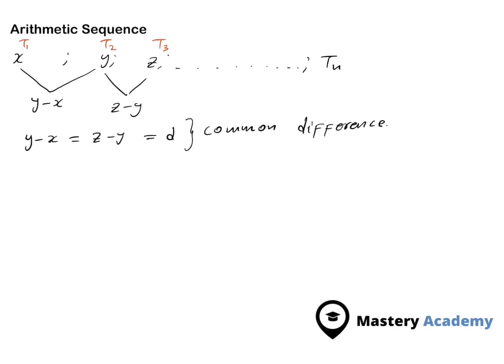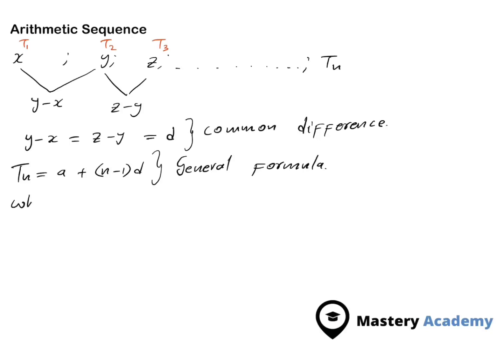All right. So now the formula that we use to calculate terms on an arithmetic sequence is this one. So this is the general formula. The general formula is used to calculate any term that is part of this sequence.